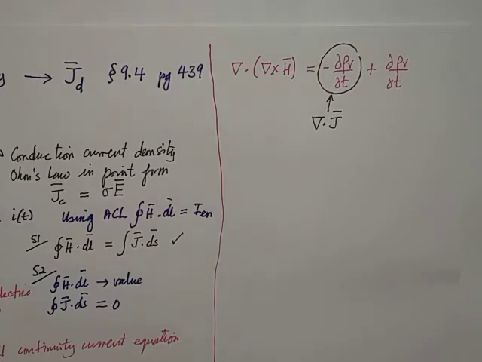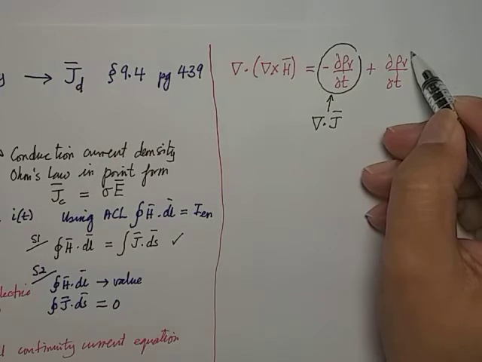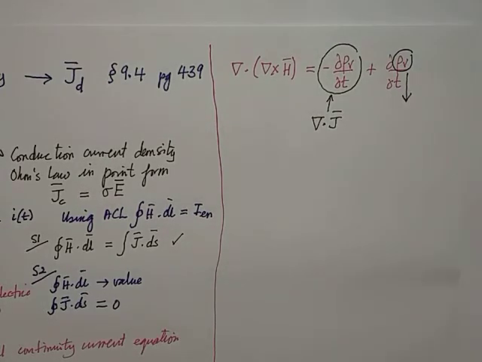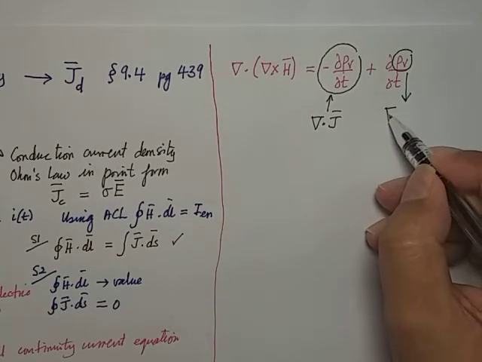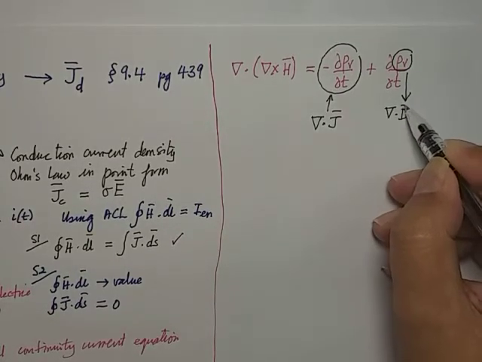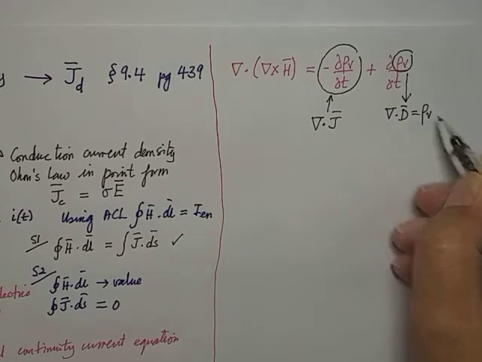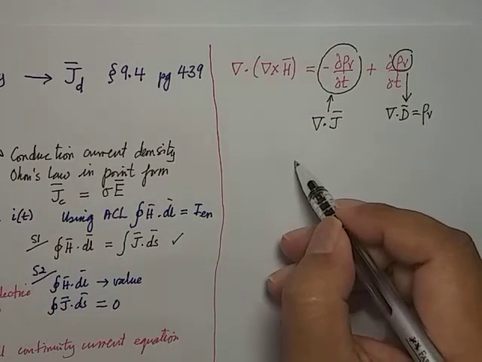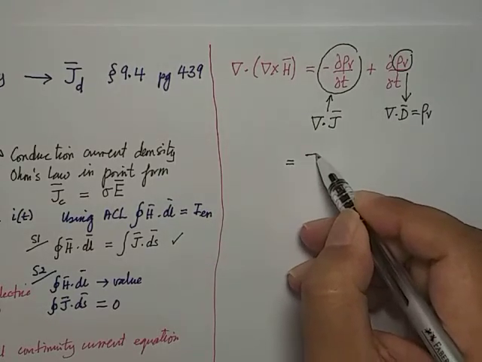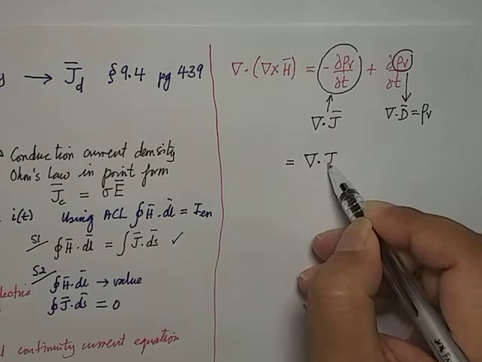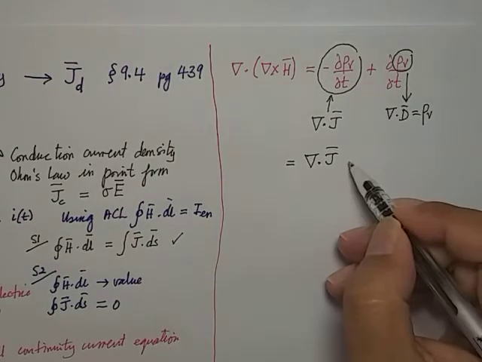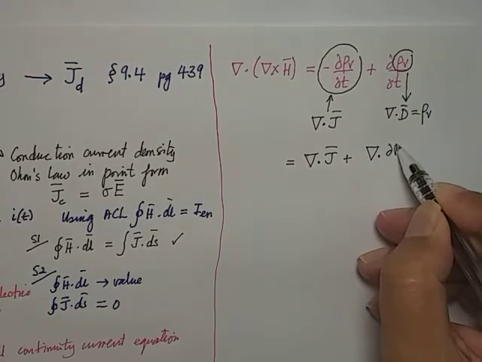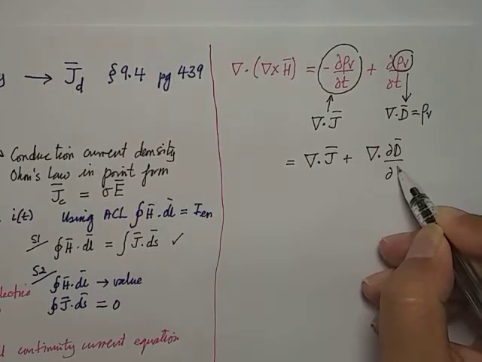Then what he did later on, he substituted this rho v with Maxwell equation number 1, divergence of D equal to rho v. So what he ended up with on the right hand side is divergence of J plus divergence of dD over dt.